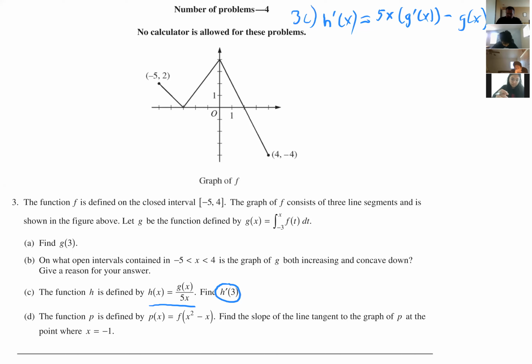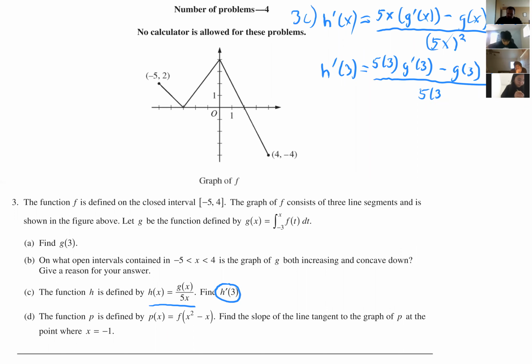So that's just going to be 5. Everything over ho ho. Okay, h prime of 3. So everywhere I see an x, I'm going to substitute a 3. So it's 5 times 3 times g prime of 3 minus g of 3 times 5 over 5 times 3, that whole thing squared.